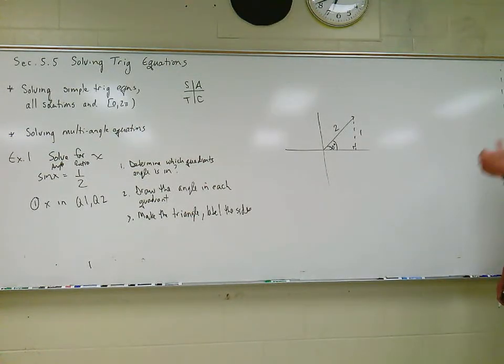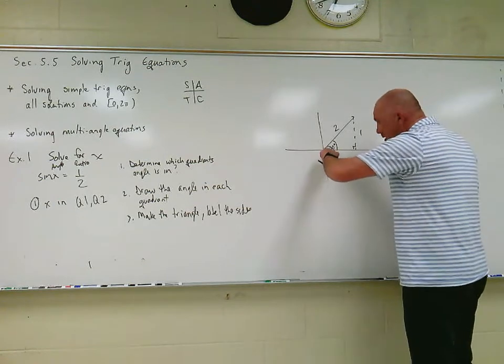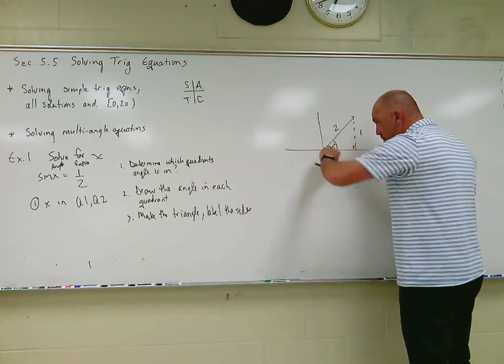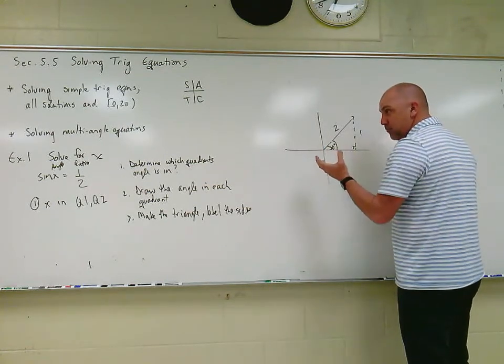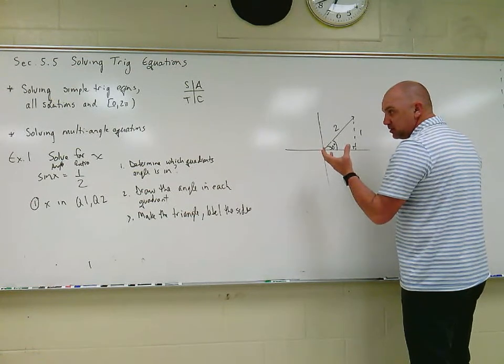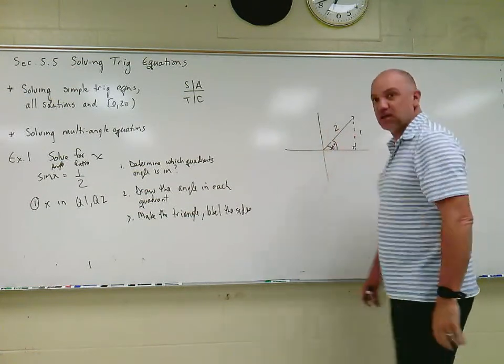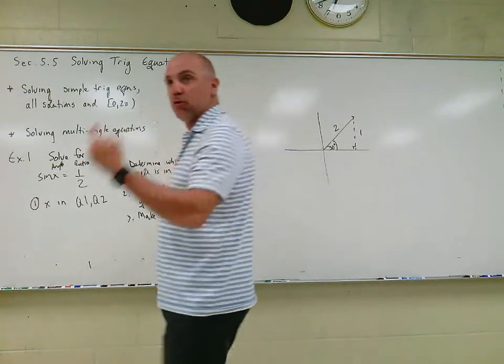And if it's a 30-degree reference angle in the first quadrant, then the angle is 30. So if we're looking for a quadrant 1 angle, and that's the angle right there, one of the answers is 30. The actual reference angle is the answer in quadrant 1.